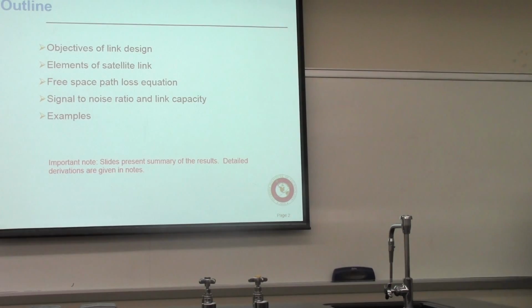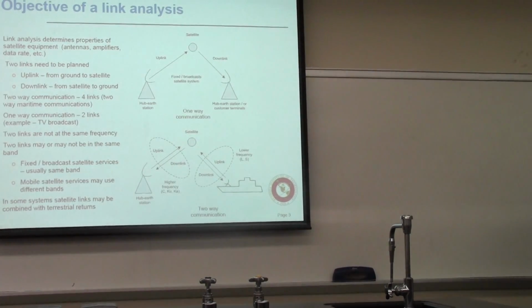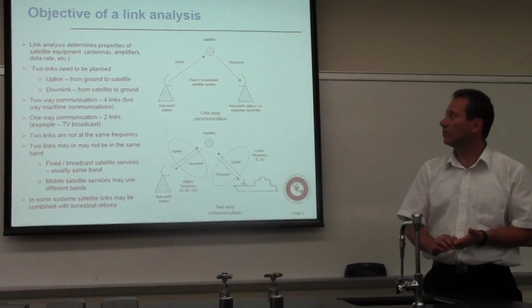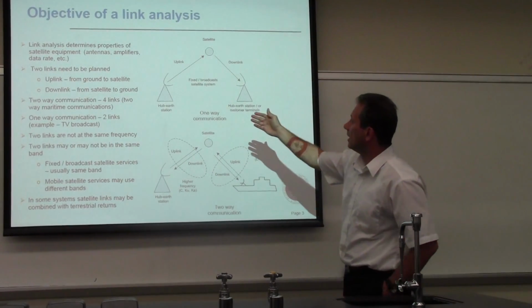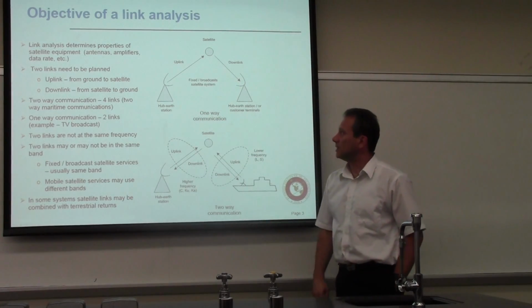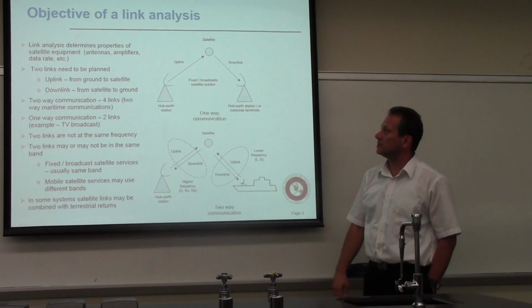So let me first talk about what are the objectives of your link design. If you look at satellite communication, you have actually two links. You have what we call uplink and downlink. Uplink is the link between the hub station or earth station and the satellite, and then the satellite receives the signal and then sends it back on the downlink.